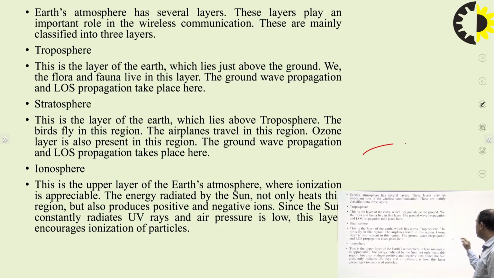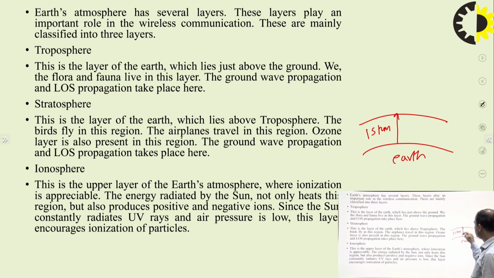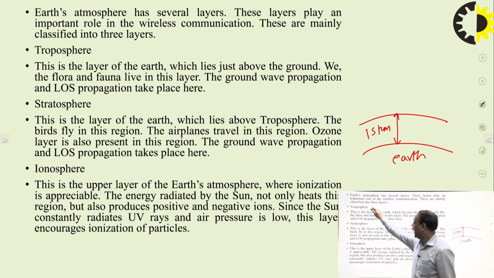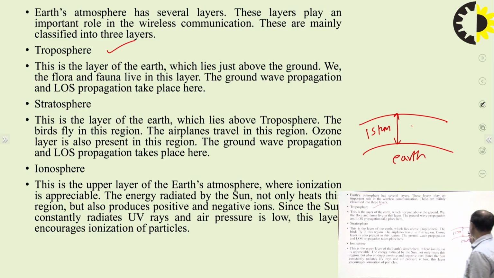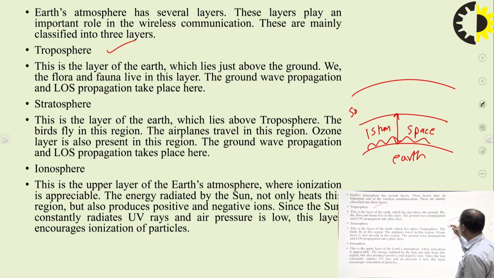The first layer from the Earth's surface, up to 15 kilometers, is known as the troposphere, and space wave or ground wave propagation takes place in this part of the atmosphere. Next is the stratosphere, up to 50 kilometers, where no communication takes place. Only sky waves go in and out through the stratosphere.